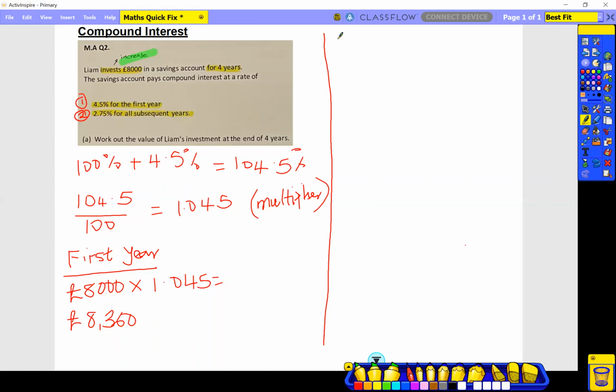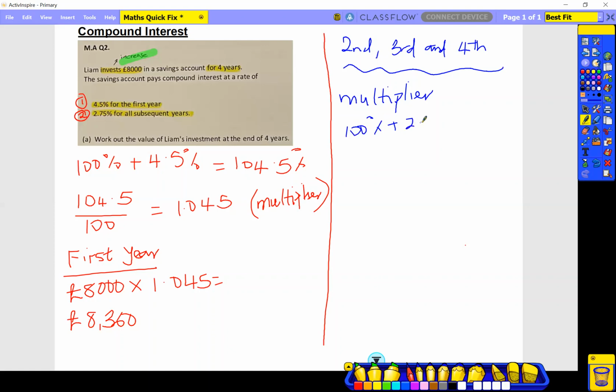So for the second, third, and fourth year, the multiplier will be 100% plus 2.75%, which gives us 102.75%.